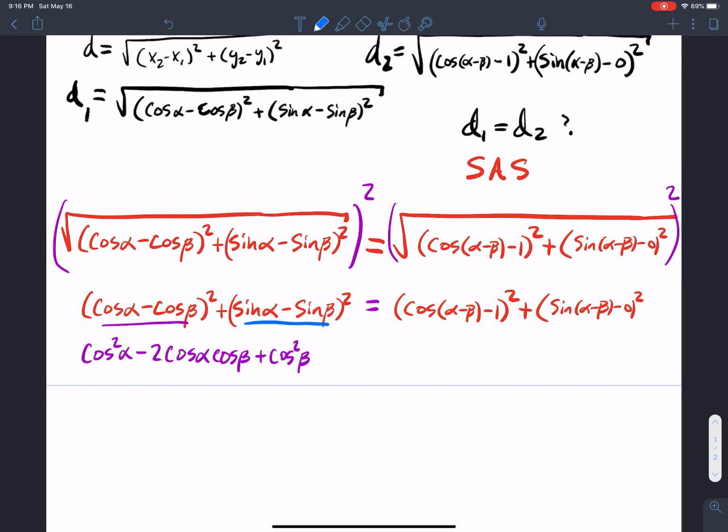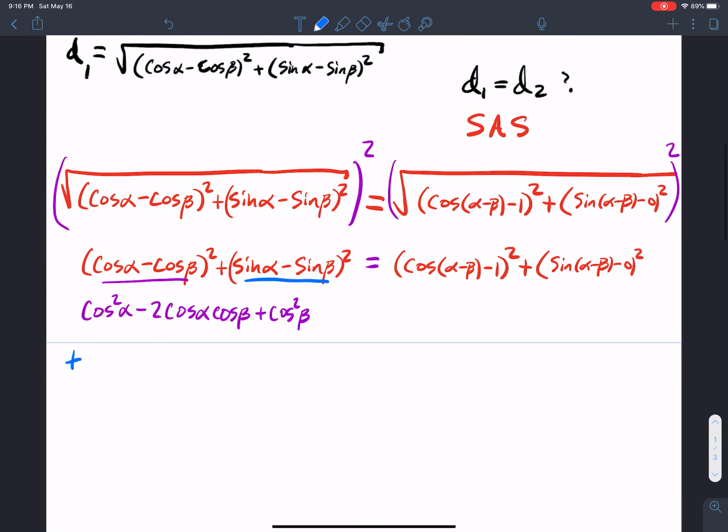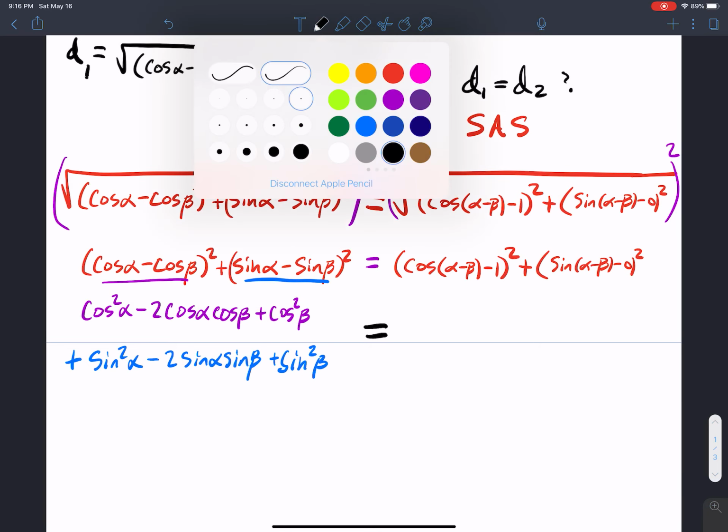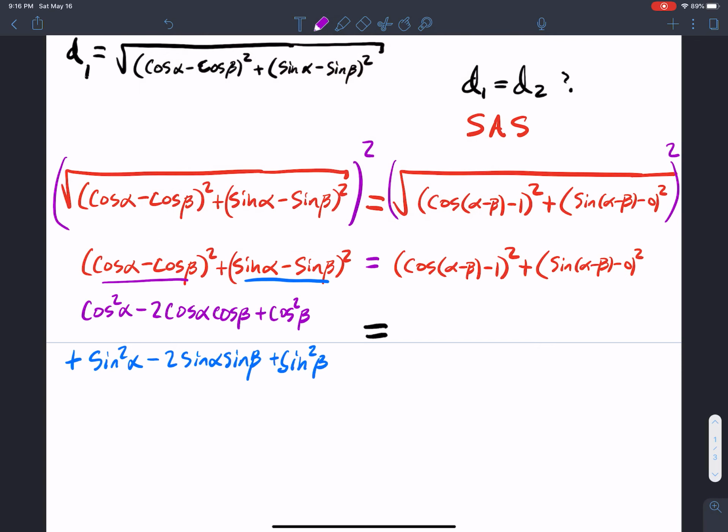I'm going to get plus, man, a lot of stuff going on here, right? So sine squared alpha minus 2 sine alpha sine beta, actually that's plus sine squared beta. Okay. And all of that is equal to, well, if I multiply this out, what am I going to get?